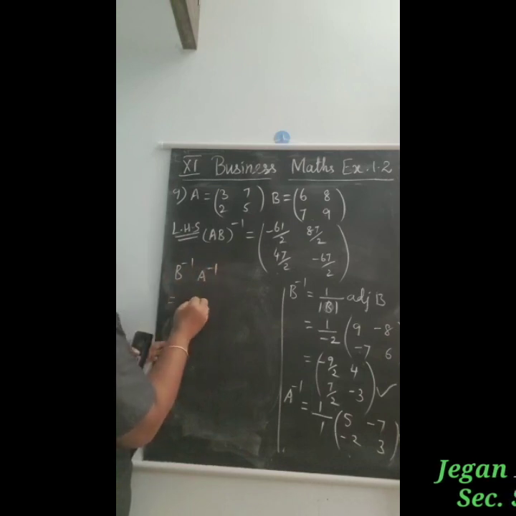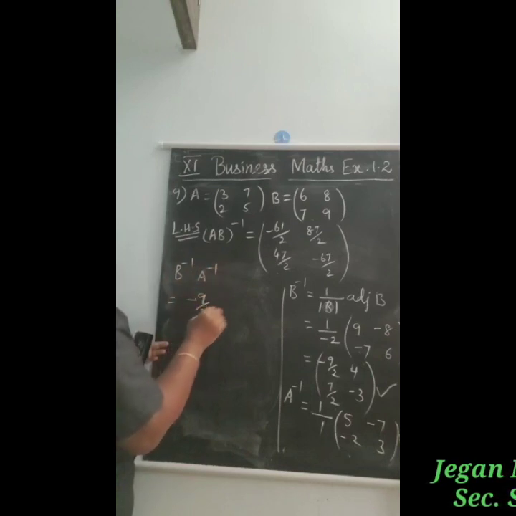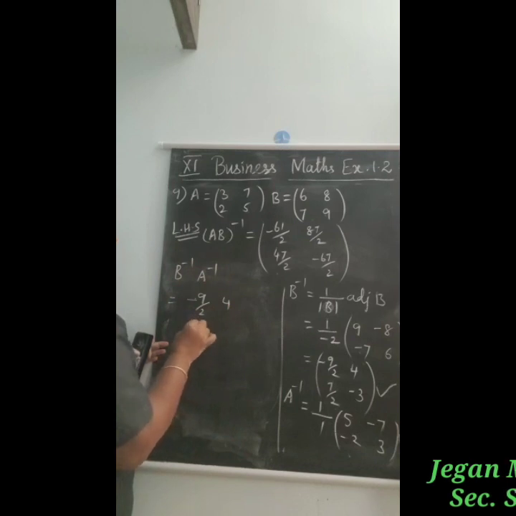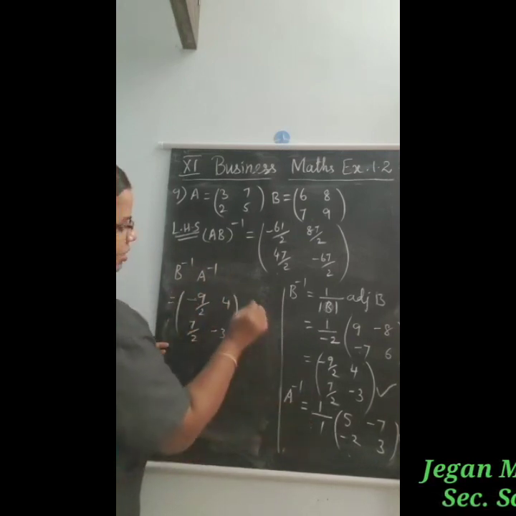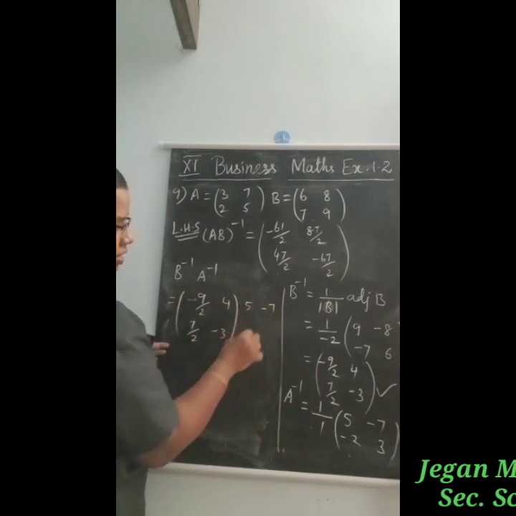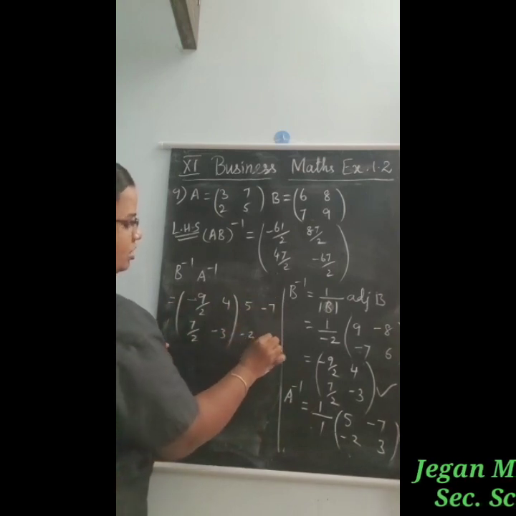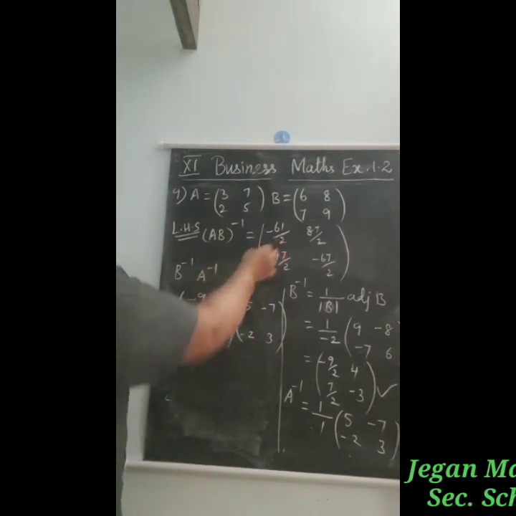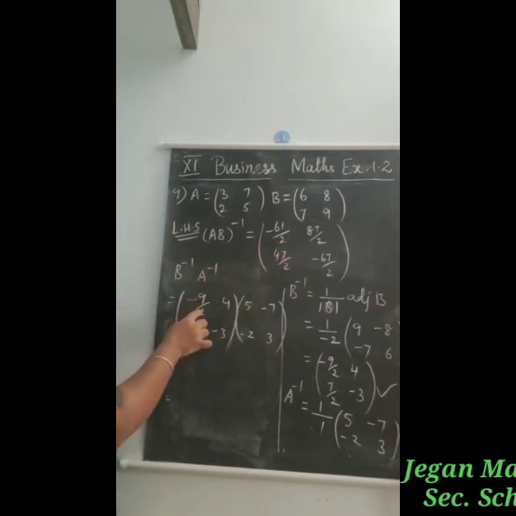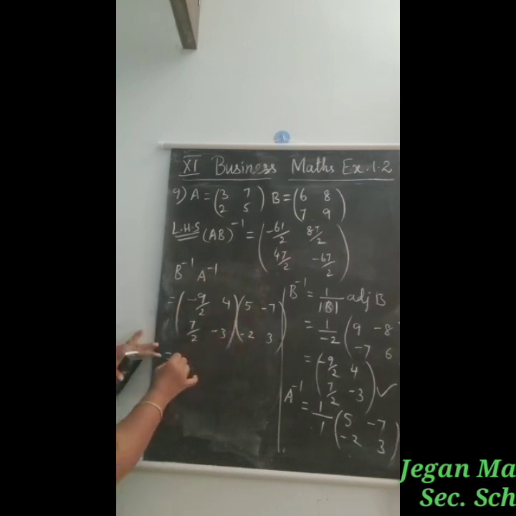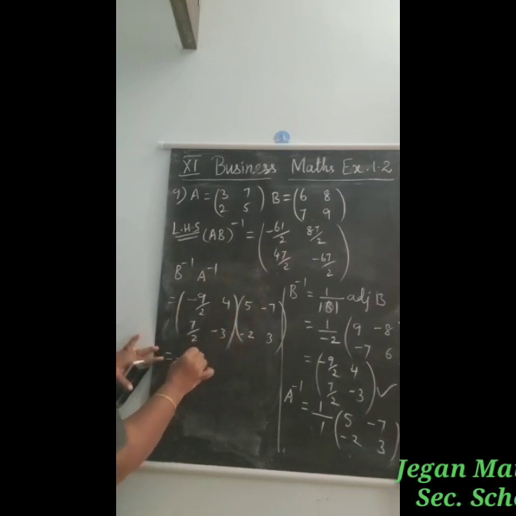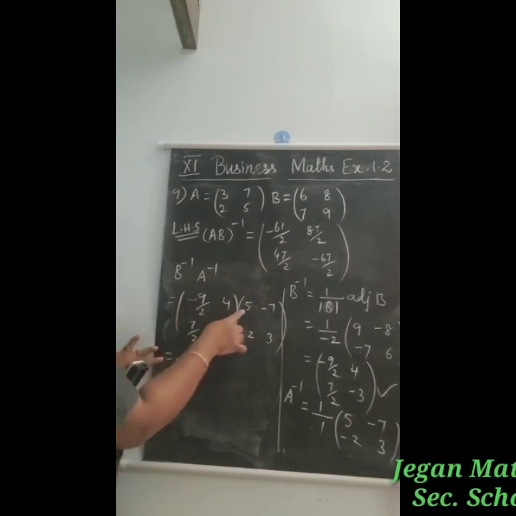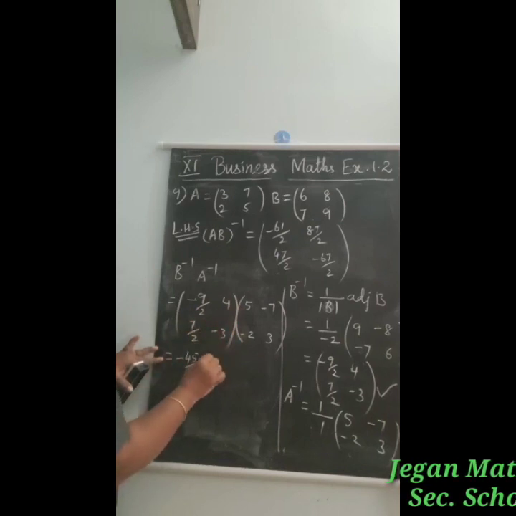So what is B inverse? That is minus 9 by 2, 4, 7 by 2, minus 3, into here 5, minus 7, minus 2, 3. If we multiply these two, we will get the same answer. First, minus 9 by 2 into 5, that is minus 45 by 2, minus 45 by 2, minus 8.